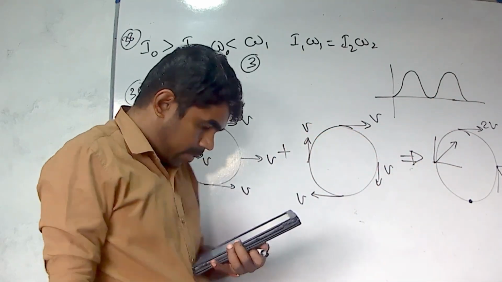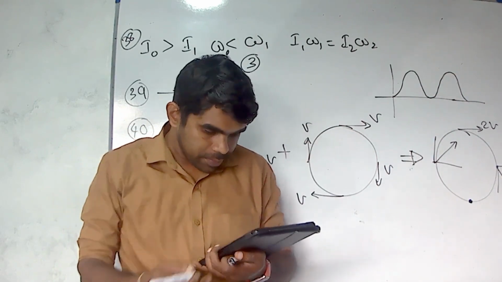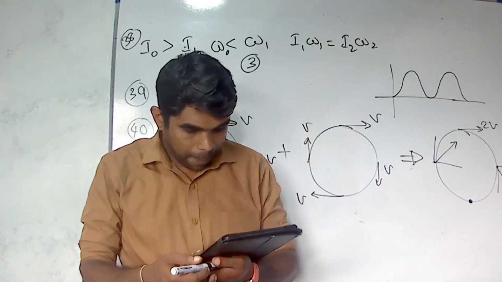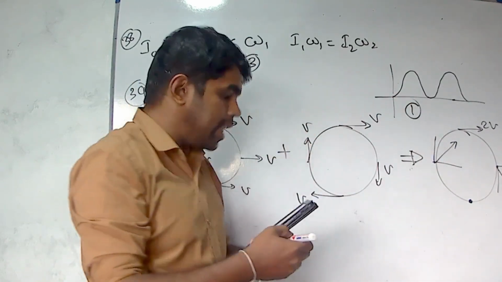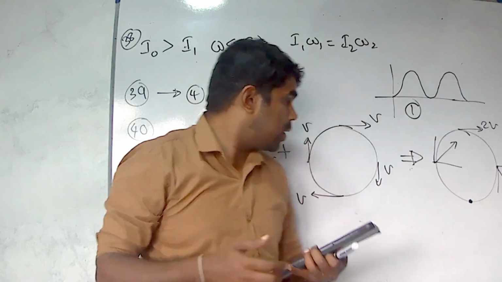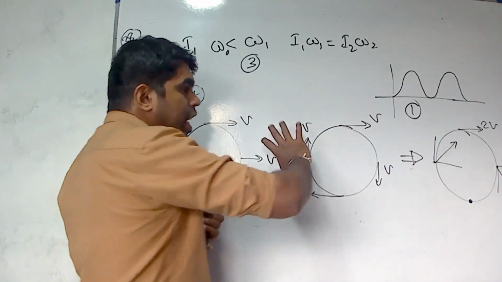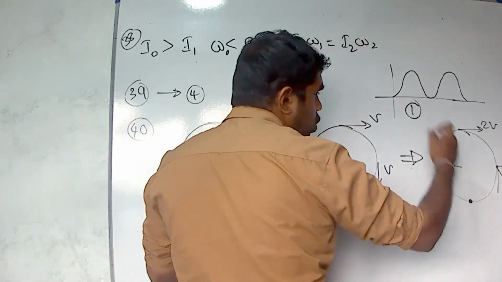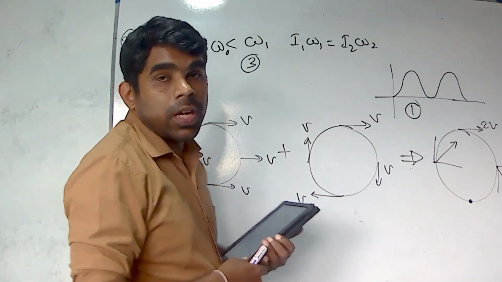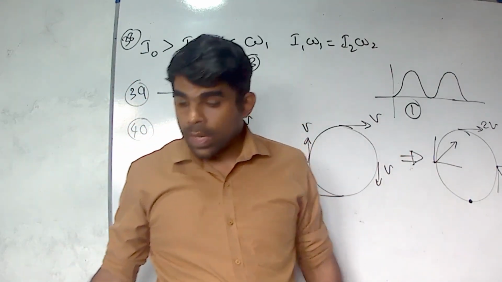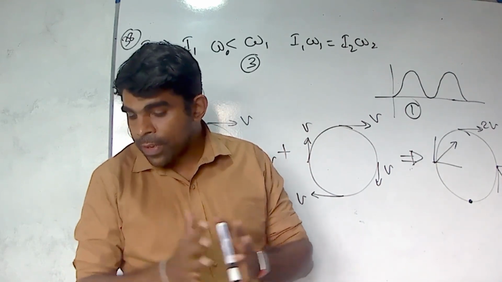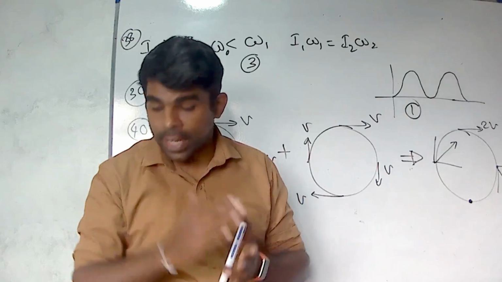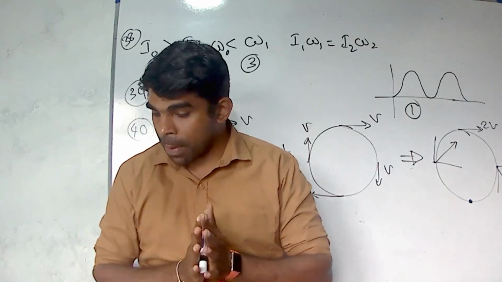The graph should be 1 for question number 40. When considering the horizontal component, it is always in this direction, so it should be a positive value. It means the graph is always varying in the positive direction. Then the answer is 1 for question number 40.